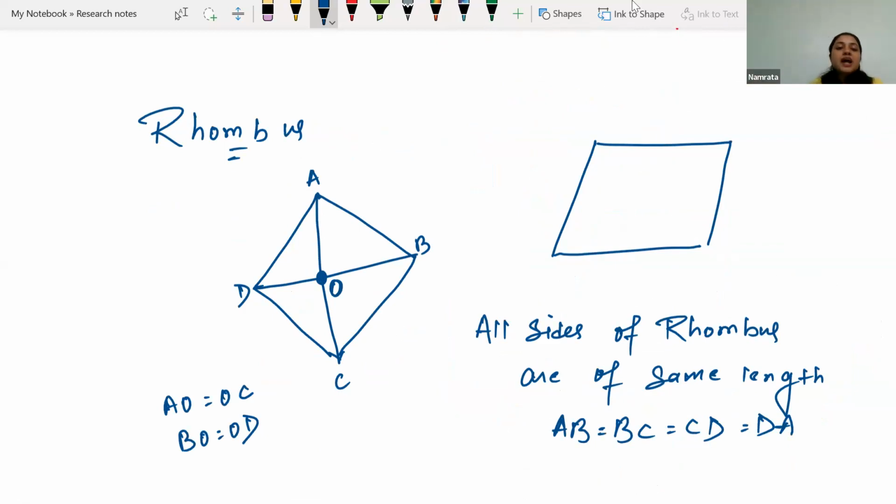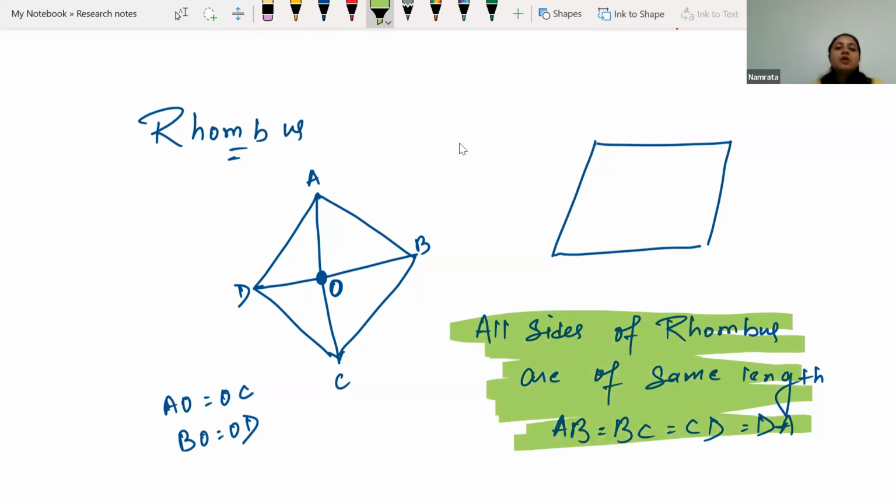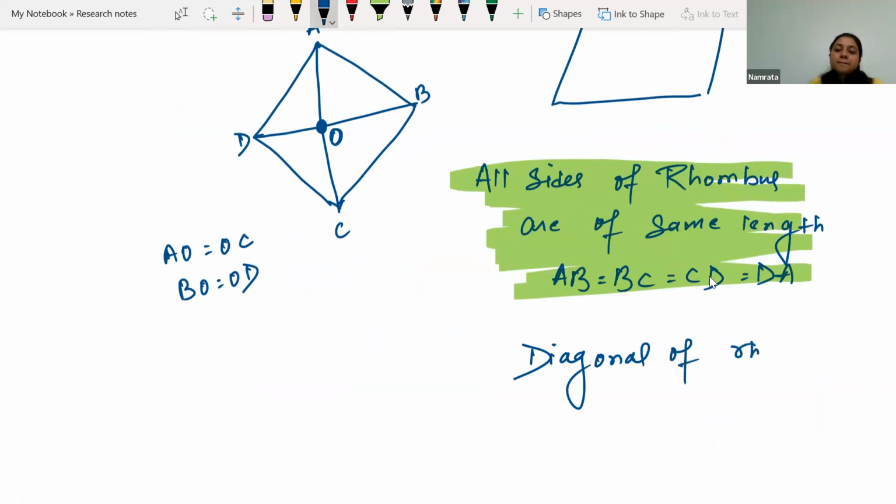Okay, apart from that, we were talking about the rhombus in detail. What is the specific property of the rhombus? The specific property of the rhombus is all sides of the rhombus are of the same length. Apart from that, there is one more quality of the rhombus, which says that the diagonals of a rhombus bisect each other at right angle.